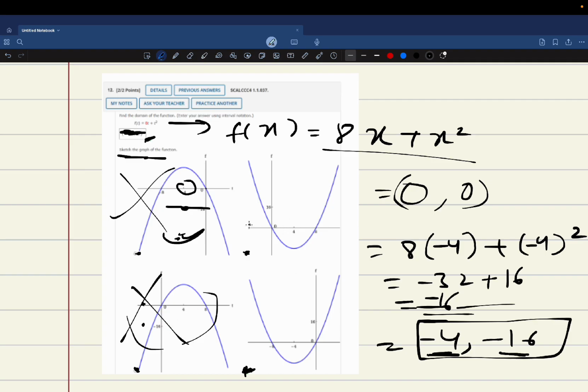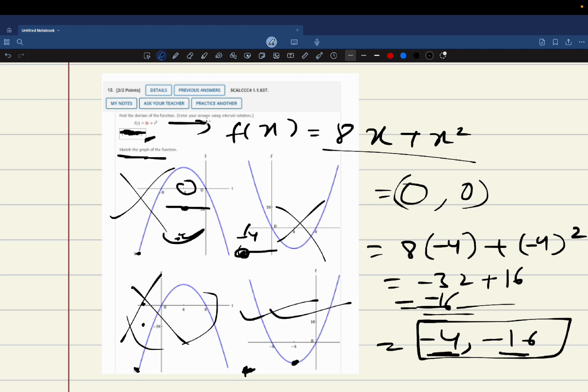Now here is the -4 again, and somewhere around here should be -16. So this is our required point, and this graph clearly doesn't pass through this point, so this is also not our answer. But at this graph, if we look closely, this is -4, and somewhere around here is -16, and this graph indeed passes through that coordinate, so this is the correct one.